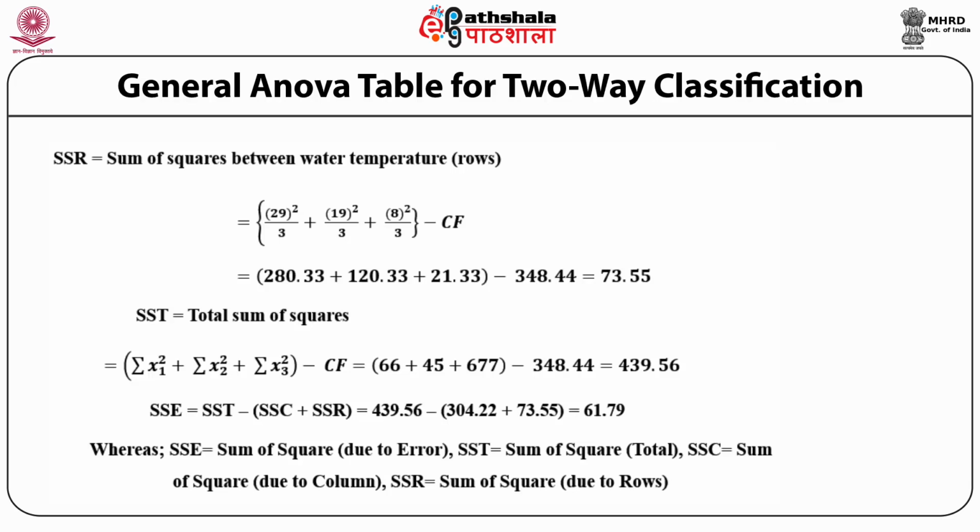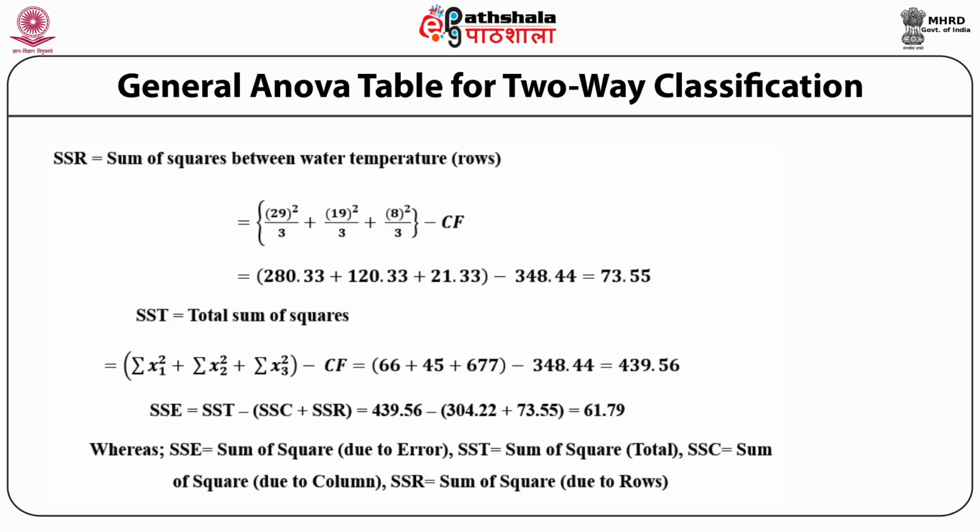73.55. Now we find out the SST, that is the total sum of squares, and that is by adding the x1 square, the x2 square plus x3 square minus the correction factor, that is 66 plus 45 plus 677 minus 348.44, and it shows the value of 439.56.